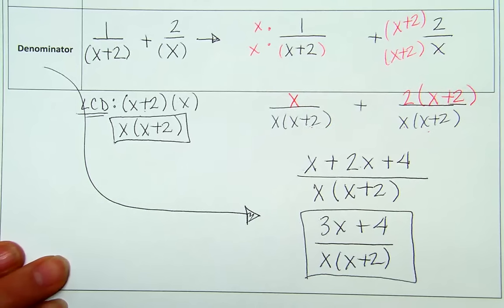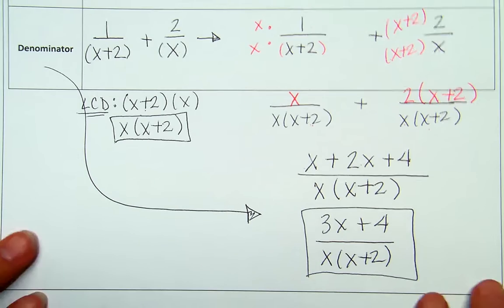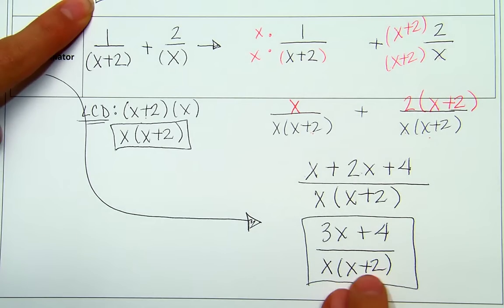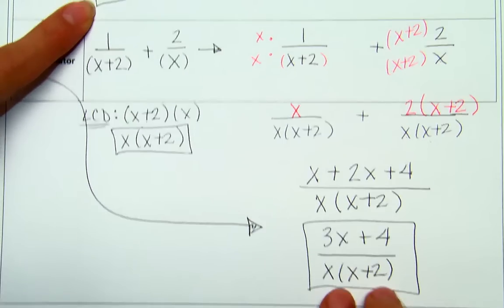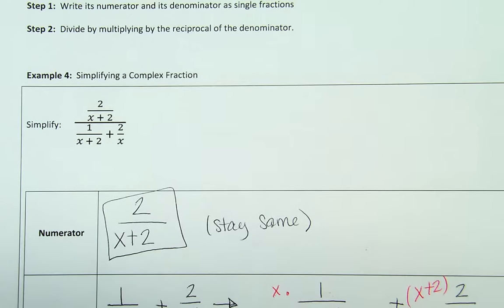So I'm not completely done yet. I just found my new denominator when I combined both of those original fractions. The next and last step is to go back up to the top, and I'm going to leave my denominators in groups. I'm not going to multiply this out. I'm going to keep them in groups because hopefully at some point they're going to cancel out.